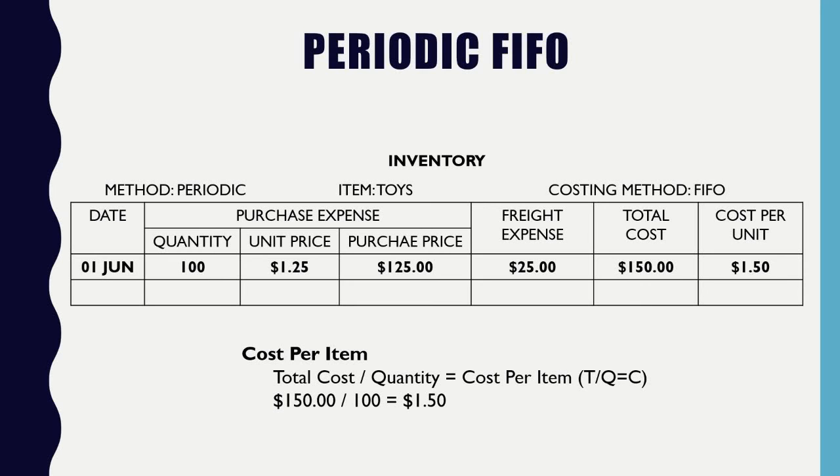Now, I've seen where freight is completely separated and is considered a complete business expense. Now, yes, you can calculate it that way, and that way, when you sell your item, it's going to be for $1.25 because that's what you originally purchased for them, and the freight was different.